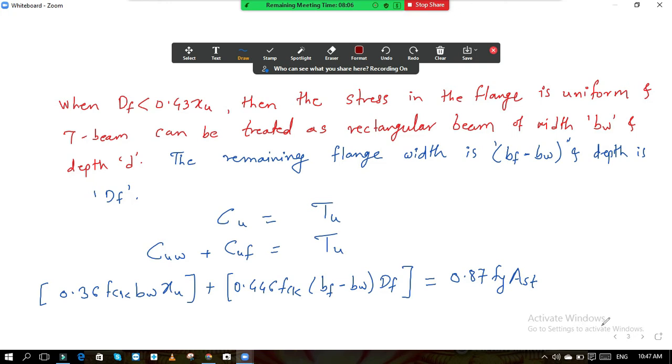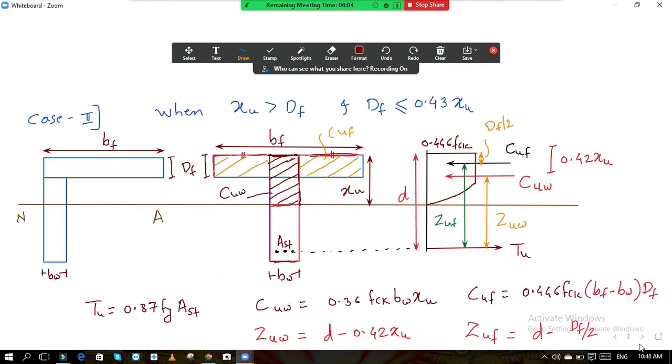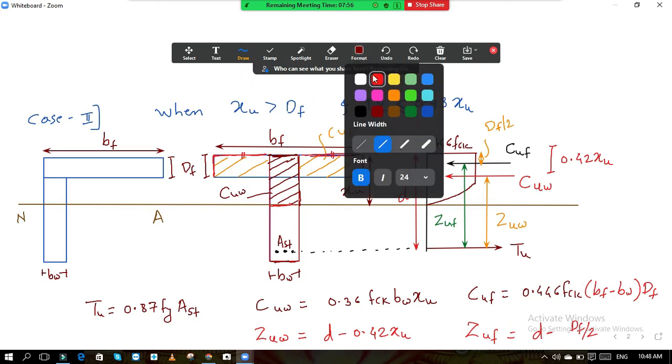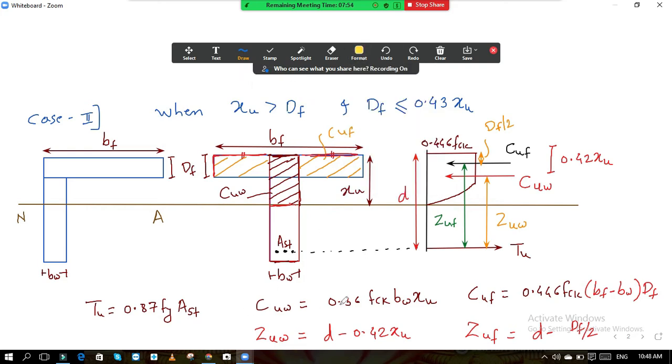So what is the formula for, you can see, TU, CUW and CUF. Here you can see where the term DF occurs. So here you will get this term DF, here you will get this term DF. So all the formulas are applicable, just you have to replace this DF by YF.